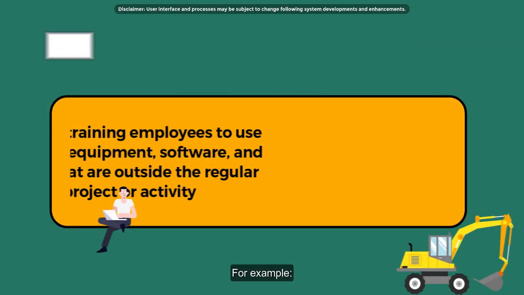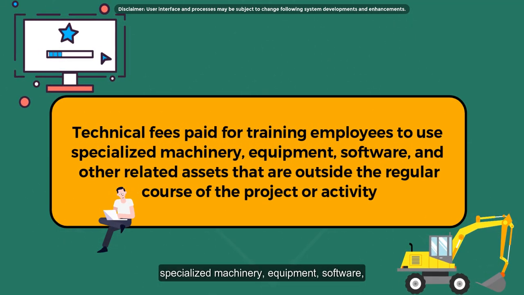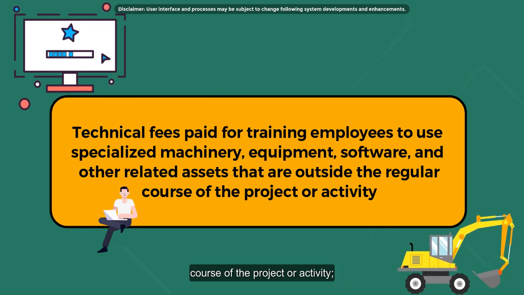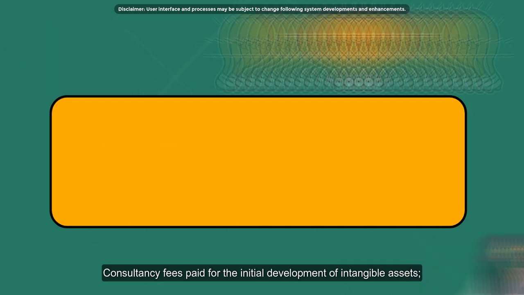For example, technical fees paid for training employees to use specialized machinery, equipment, software, and other related assets that are outside the regular course of the project or activity. Consultancy fees paid for the initial development of intangible assets.